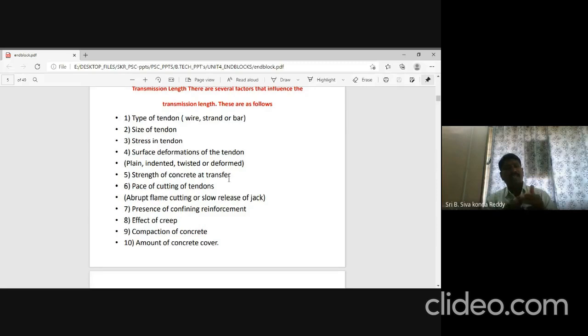Then pace of cutting tendons. This is how you are going to release your cables. Generally, releasing of cables in the casting yard is done by directly cutting using mechanical saws or by gas cutting. I don't know how many of you have seen railway sleepers.